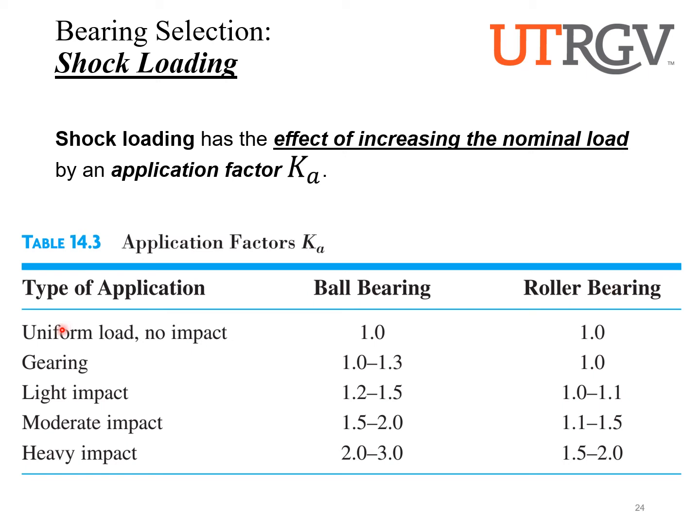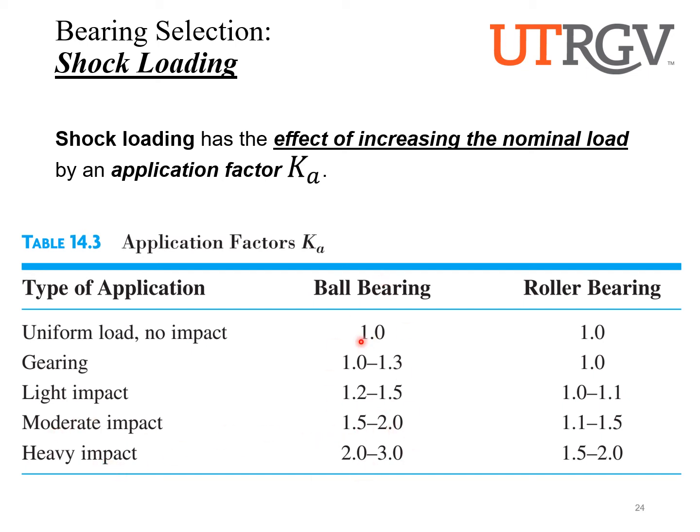If the loading is uniform and there's no impact, it's just 1. If the impact comes from just the meshing of the gear teeth, or gearing, a ball bearing is going to have a Ka of 1 to 1.3, where for the roller, no change yet. Light impact, 1.2 to 1.5. Moderate, 1.5 to 2. Heavy, 2 to 3.